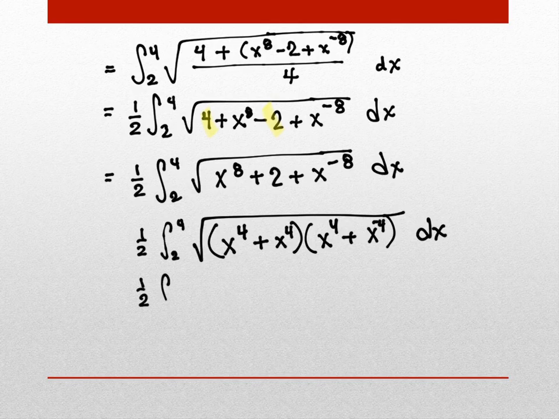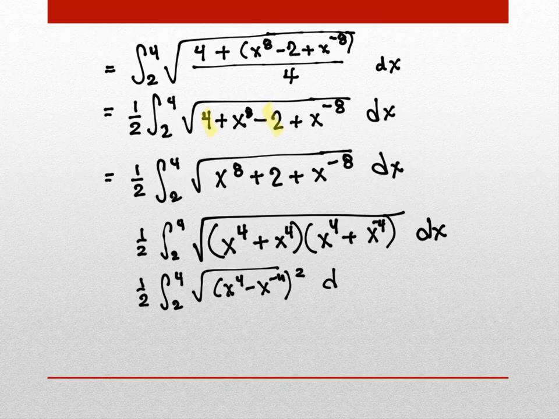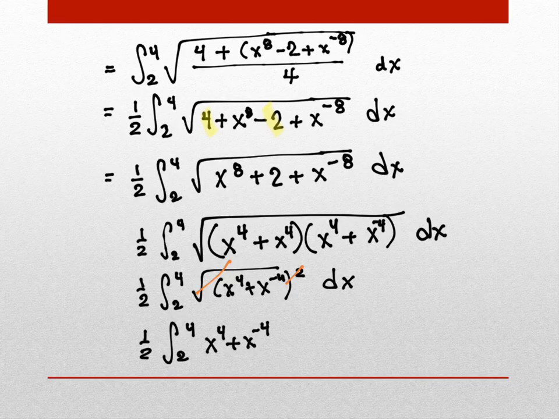What we really have here is x to the 4th plus x to the negative 4th, squared, right? So the square and the square root cancel. I'm actually left with 1/2 the integral from 2 to 4 of x to the 4th plus x to the negative 4th dx. And now we're going to integrate.